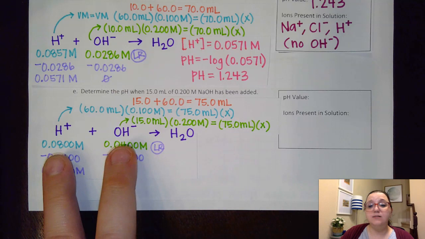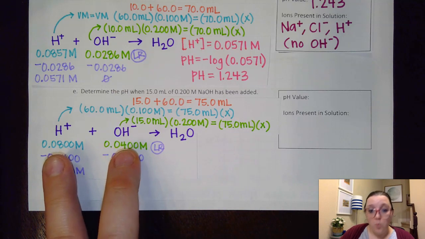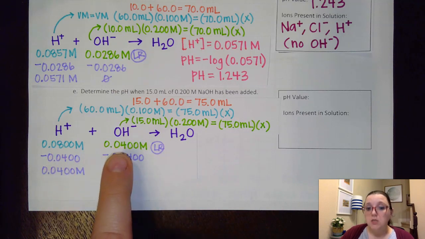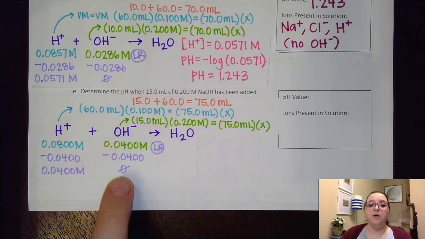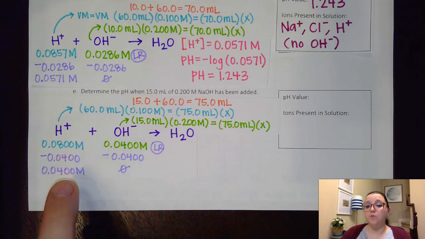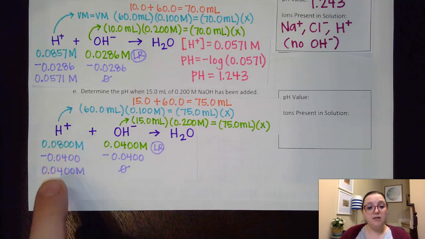Okay, who do I have less of? These are in a 1-to-1 ratio. Well, I have less hydroxide, so that means it's my limiting reactant. I'm going to use all of that up. But in using all of that up, I would also use 0.04 molarity of the hydrogen ion. What does that leave me with? Well, that leaves me with 0.04 molarity of the hydrogen.